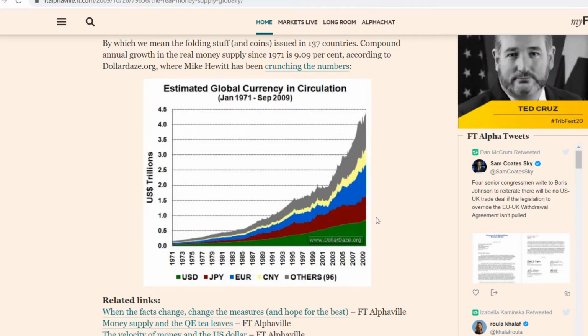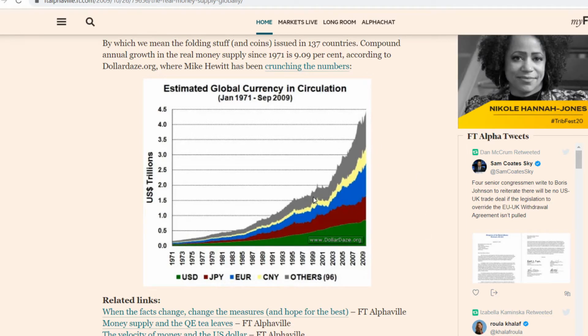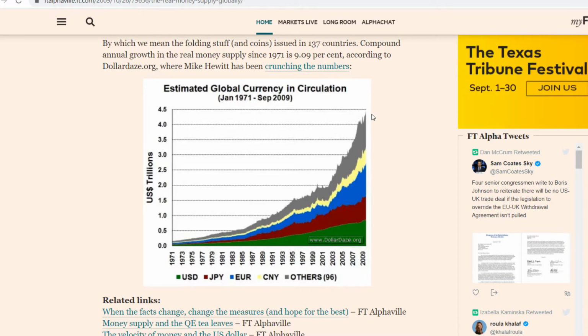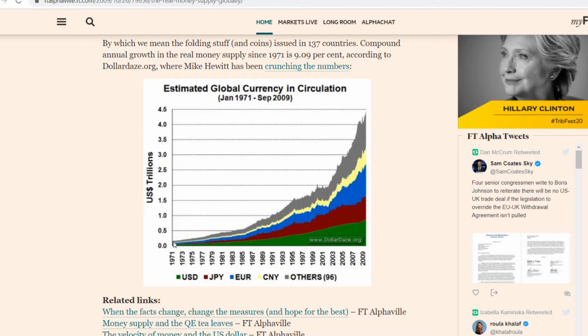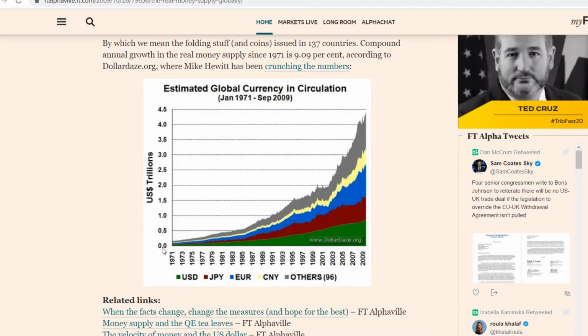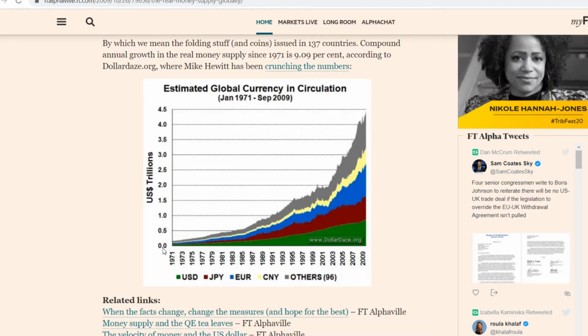Now, the reason we're deciding to look at the previous 20 or 30 years is because that is when all the money supply has exploded. As you can see here, guys, this is a little chart of the global money supply dating back to 1971. And regular listeners would know that is the year that initiated this financial experiment.